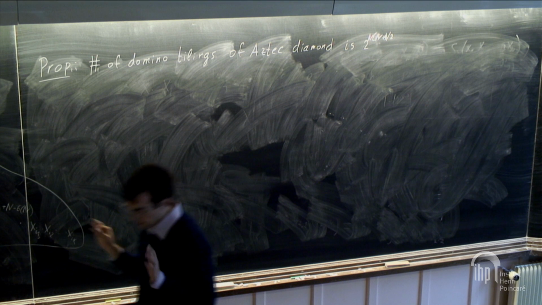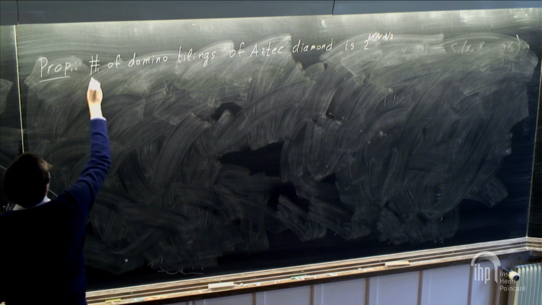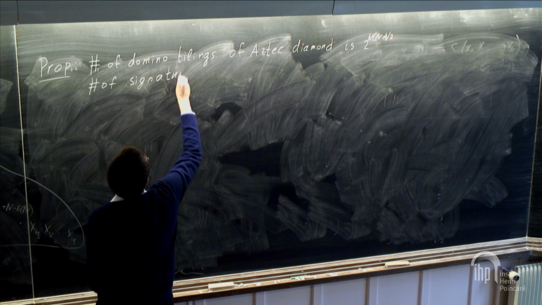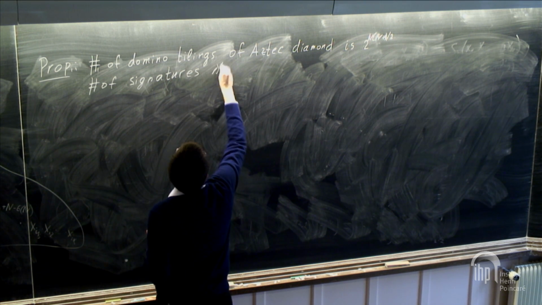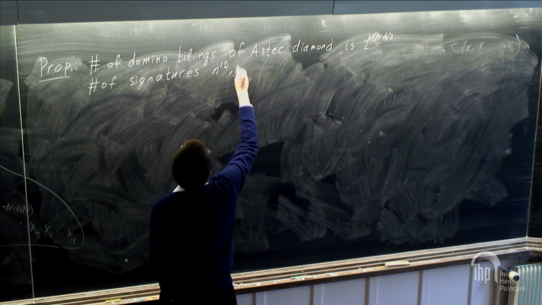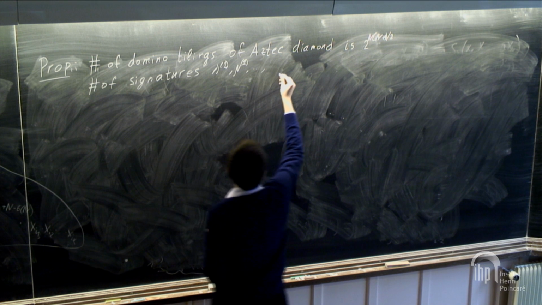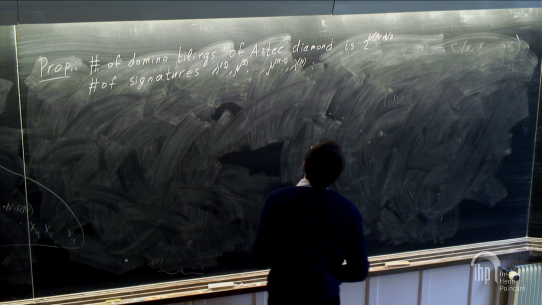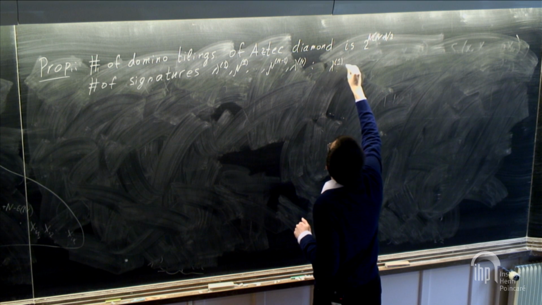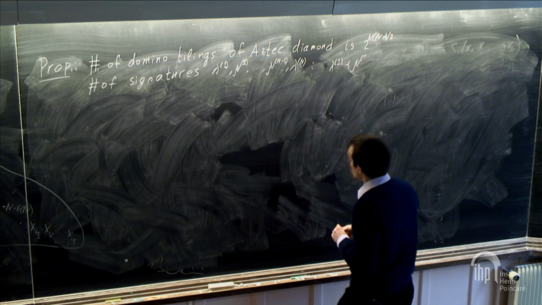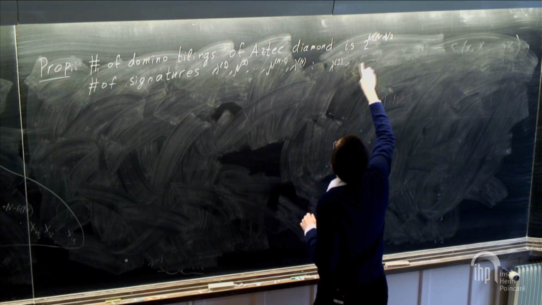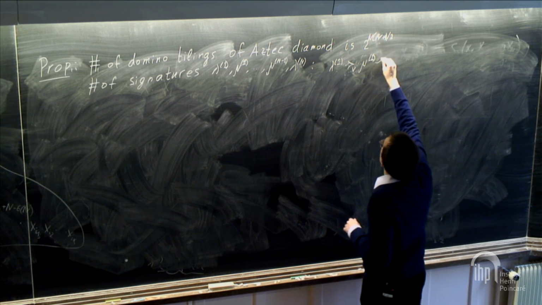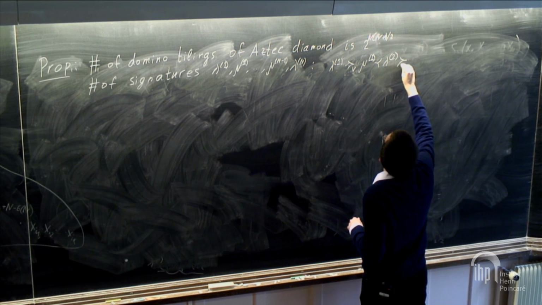Or equivalently, as we see, the number of signatures lambda 1, mu 1, ..., mu n minus 1, lambda n such that lambda 1 vertically interlaces with mu 1, lambda 2 vertically interlaces with mu 2, and so on.